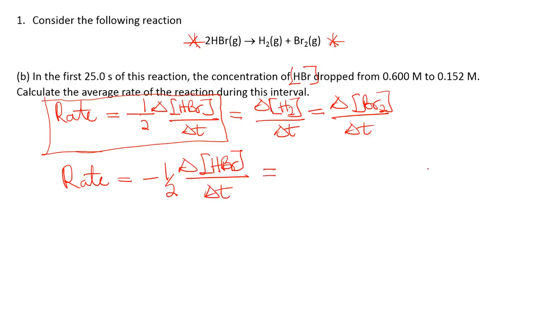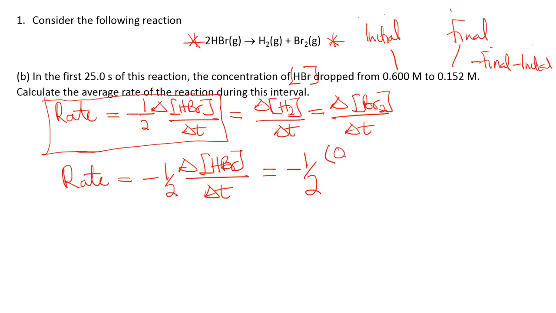So what do we have? We are going to have still half here, and up here we need to have change in concentration. This one is the initial concentration, this one is the final concentration. So the change in concentration must be given by final minus initial, which is 0.152 minus 0.600 molar.